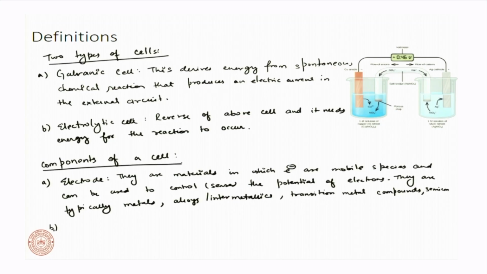The second one are electrolytes. Okay, so they are typically solutions or materials. It can be solid as well, solid electrolytes, which allow ions to be mobile, but electrons to be non-conductive. Right. So, the ions are the mobile species and the electronic conductivity is very poor.